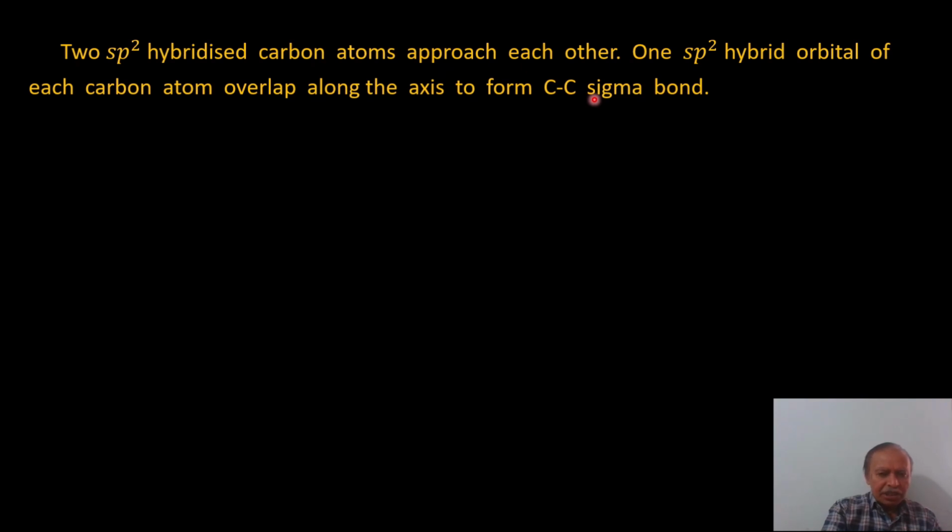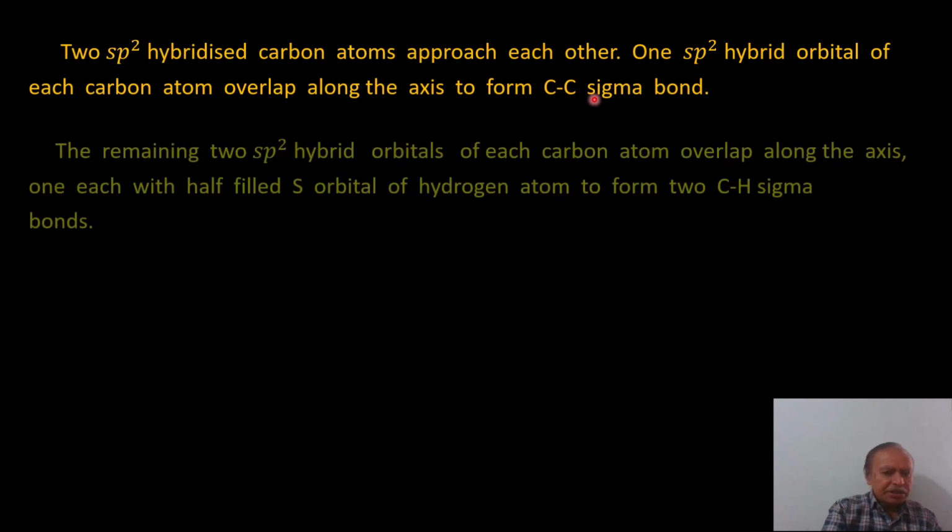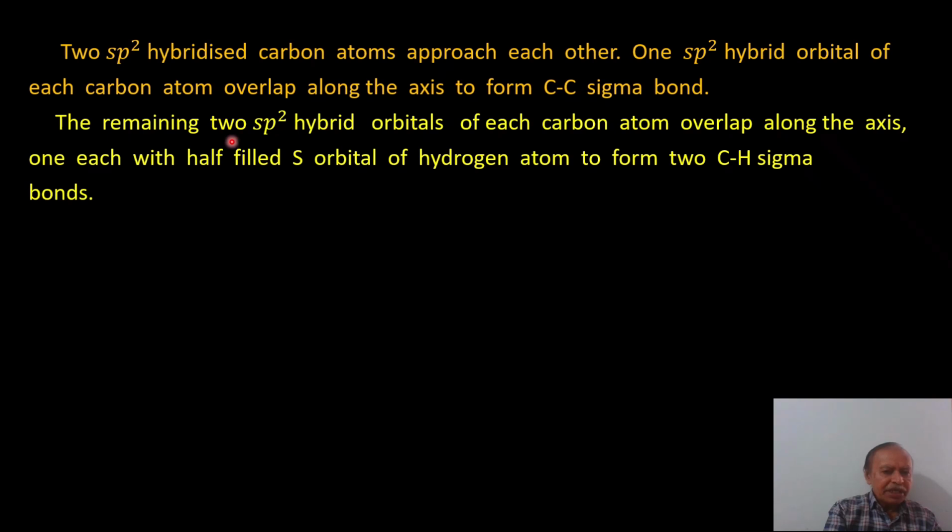Now after this, the remaining 2 sp2 hybrid orbitals of each carbon atom. When one is involved in overlapping with the sp2 hybrid orbital of another carbon atom, each carbon atom will have 2 sp2 hybrid orbitals.